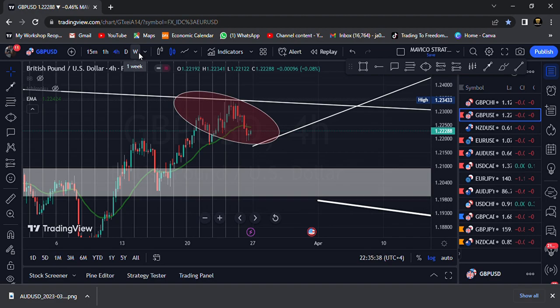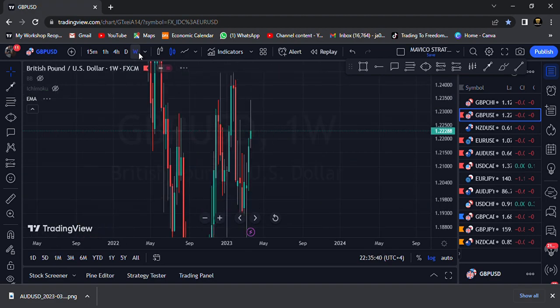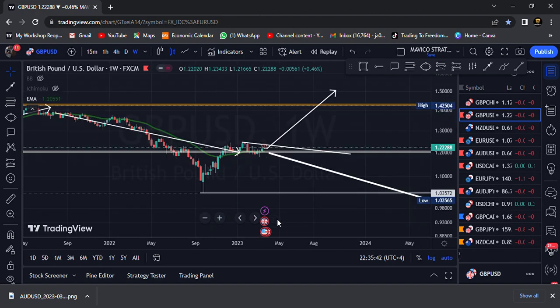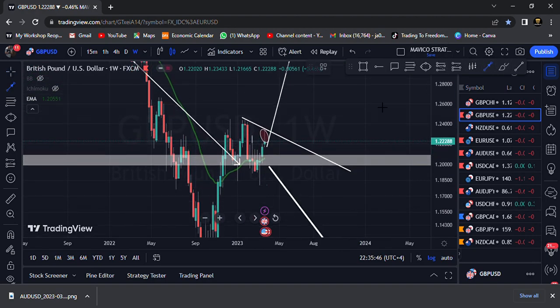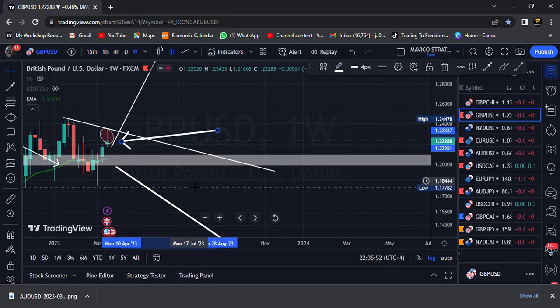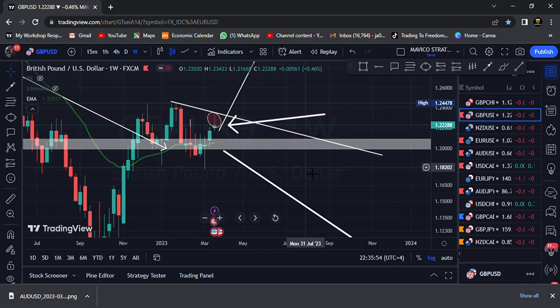We said the weekly could be a sell after we looked at this candle, because it was a shooting star, not a complete shooting star, but kind of an inverted hammer.